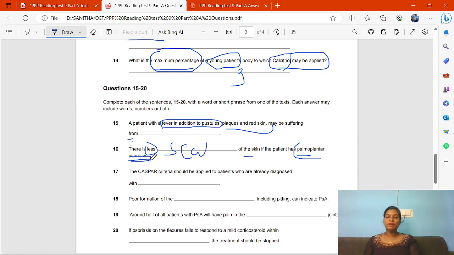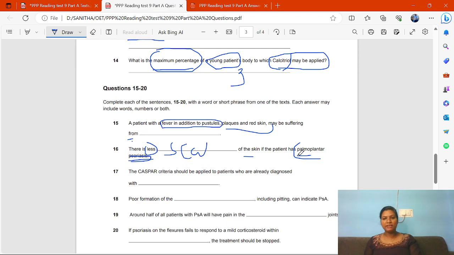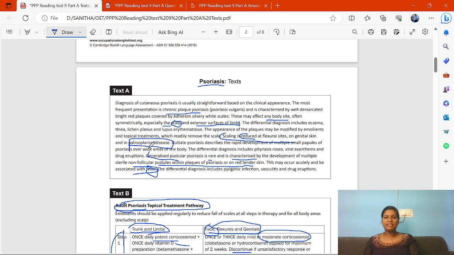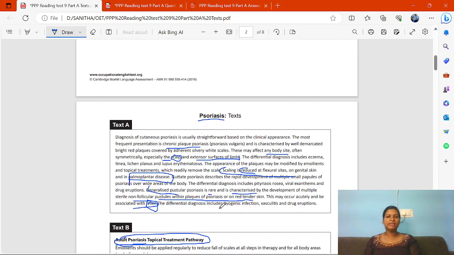They gave the word palmoplantar disease, but the passage is talking about psoriasis. Then we went to test B, and there also we didn't get the word palmoplantar disease. Then we came back to passage A, and we got the point.